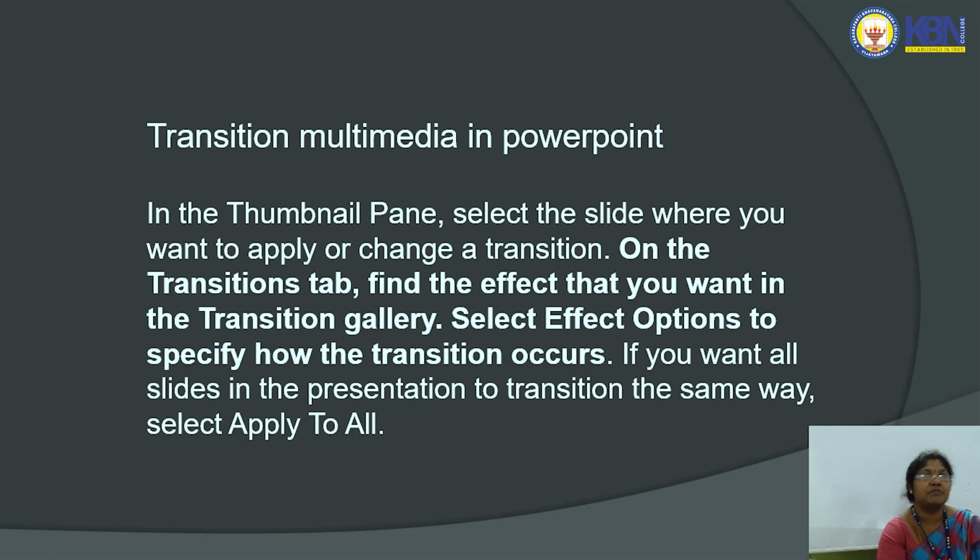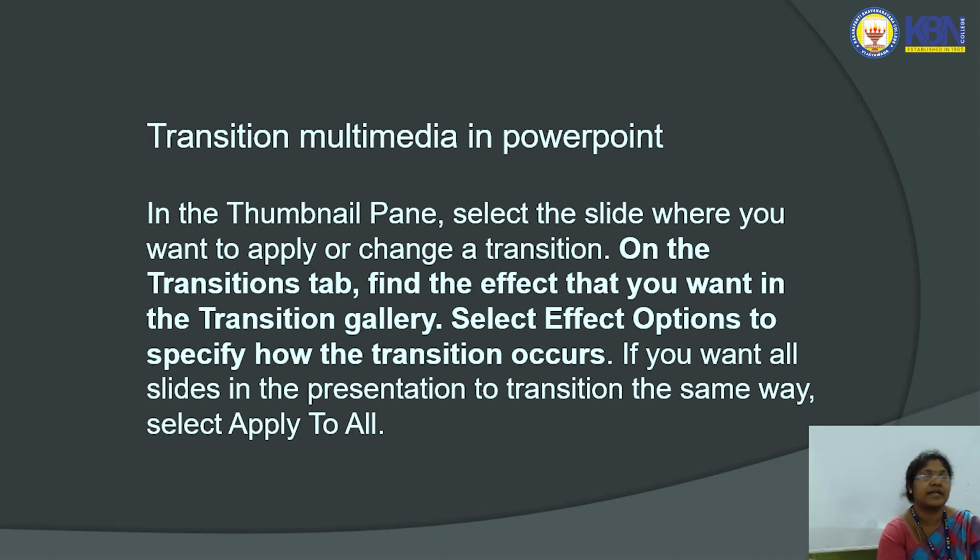Then transitions and multimedia in PowerPoint. In the thumbnail pane, select the slide where you want to apply or change a transition. On the Transitions tab, find the effect that you want in the transition gallery. Use Effect Options to specify how the transition occurs.